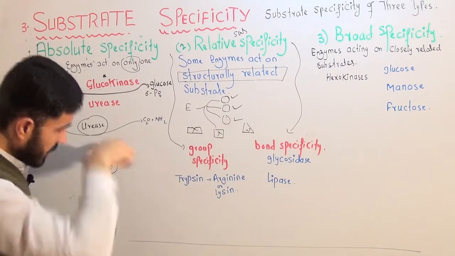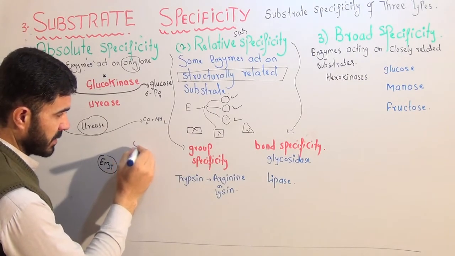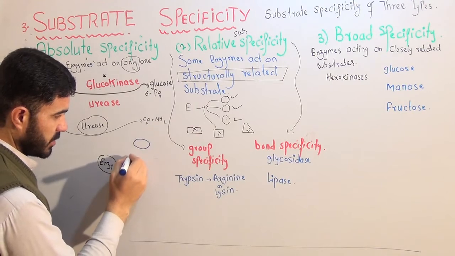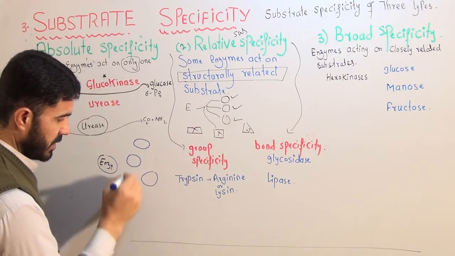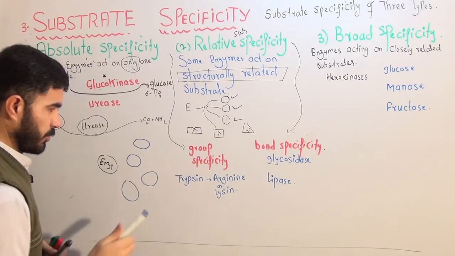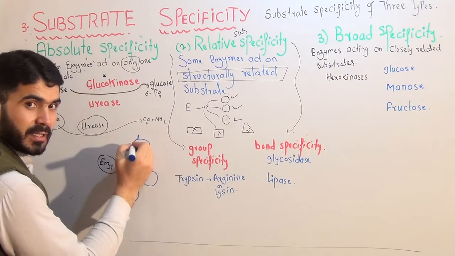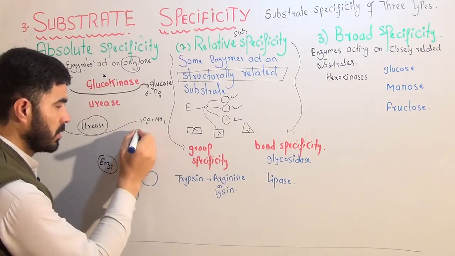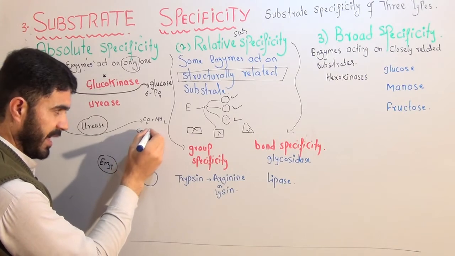Look, here we have substrate 1, substrate 2, substrate 3, substrate 4. Four substrates we have. This substrate contains a group, let's suppose COOH.